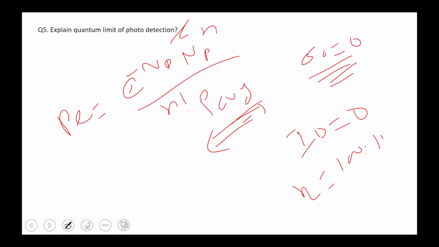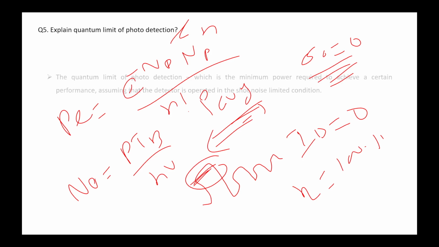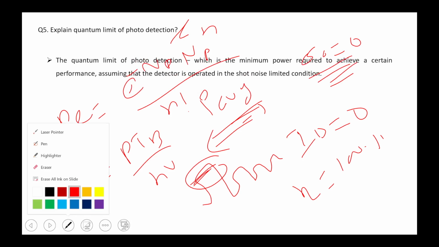Where np is the average photon number. This np is given by P times TB upon hv, where P is the average received power corresponding to the high state, and TB equals 1 upon B, where B is the bandwidth.